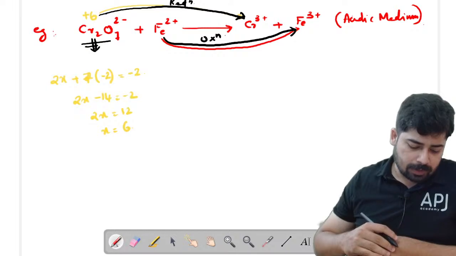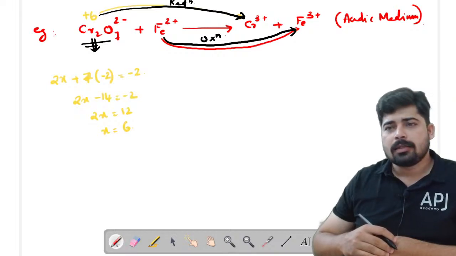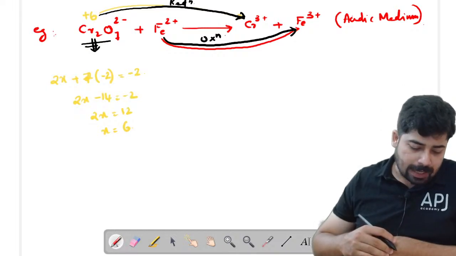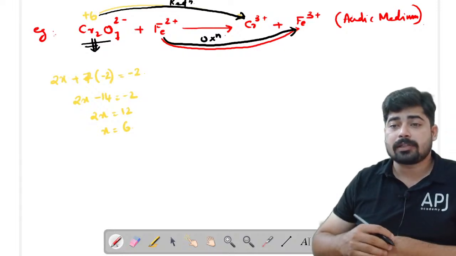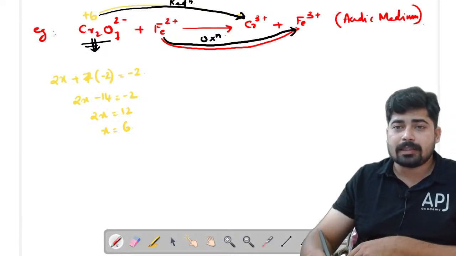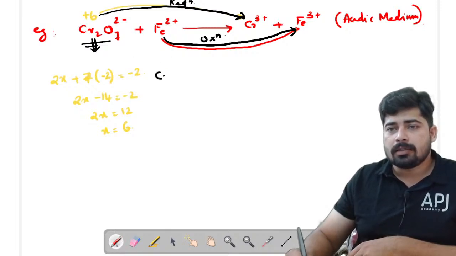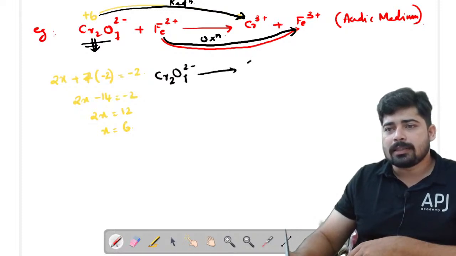So now from here we have the oxidation half reaction and reduction half reaction. Let's separate them. Now see here, Cr2O7 2 minus giving Cr3 plus.